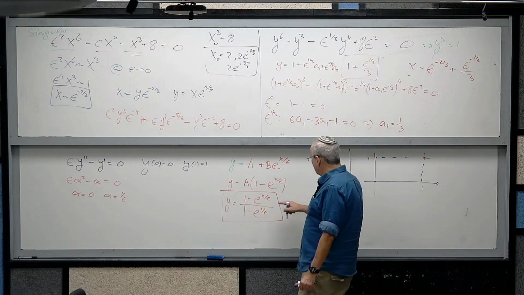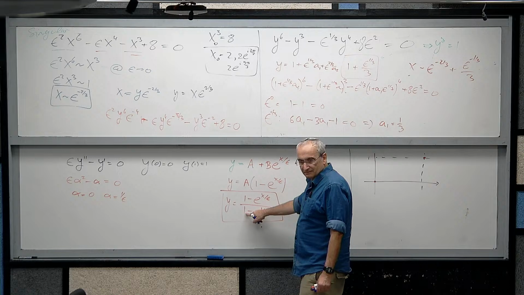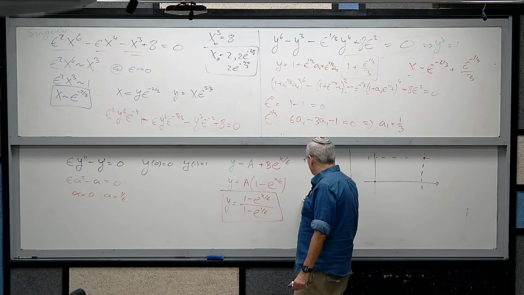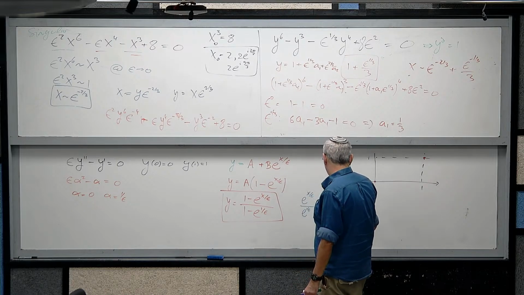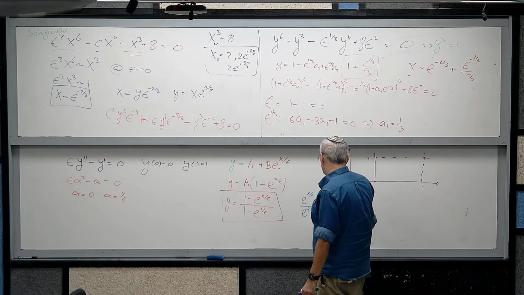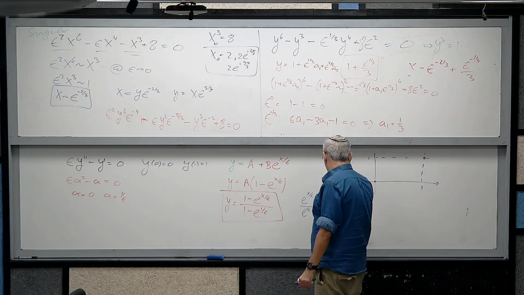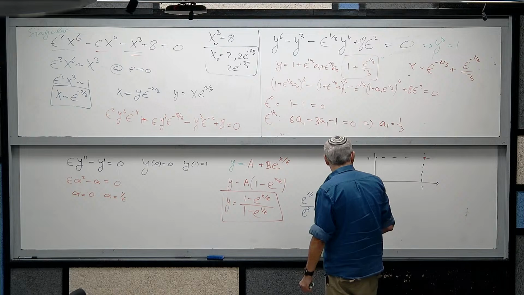So I can neglect these two terms and I will get e to the x over epsilon divided by e to the 1 over epsilon, and this will give me e to the (x minus 1) over epsilon. Right? Okay? And this is bounded.